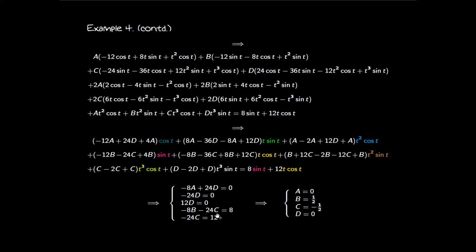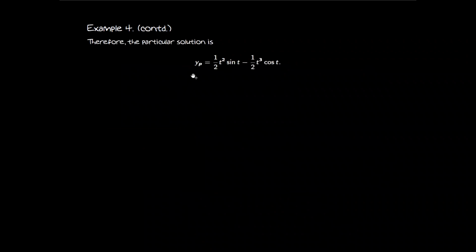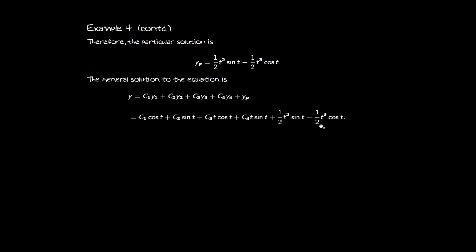So easily we can solve this system and get the coefficients. And then we just plug them into the proposed form for the particular solution, and we can get the particular solution. Then you combine this with the fundamental solutions, and you can get a general solution.